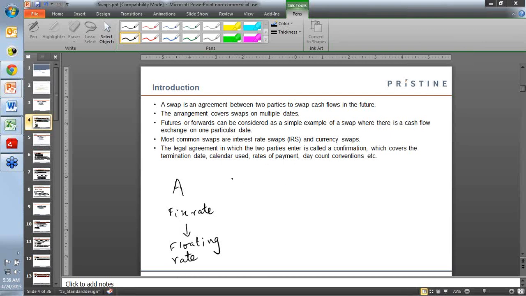So here we have company A and here we have company B, which originally has a floating rate loan but wants to get into a fixed rate of loan payment.